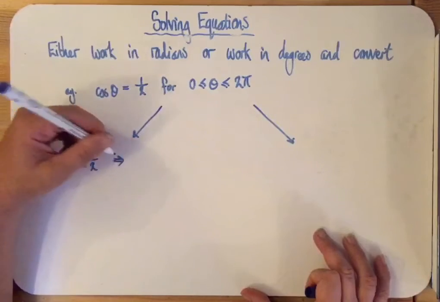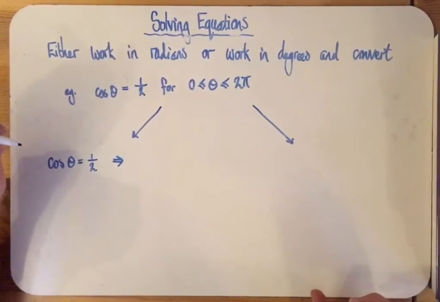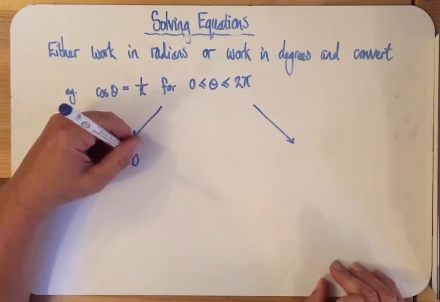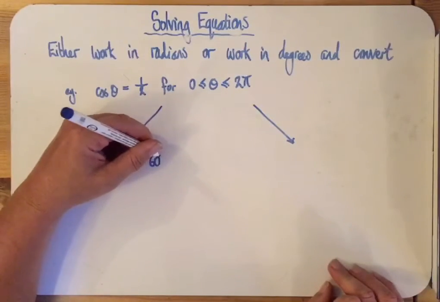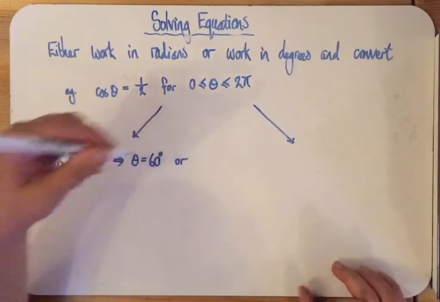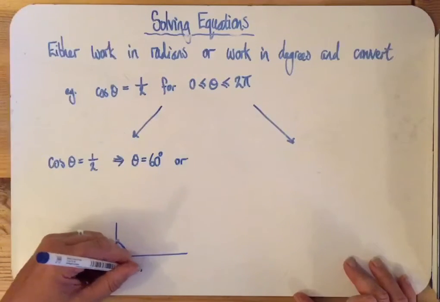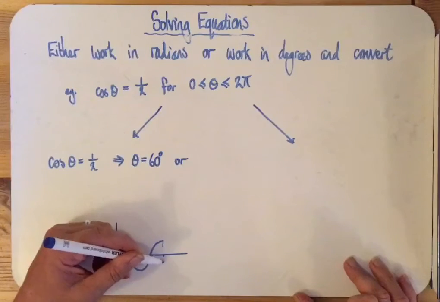And if you're at all shaky on this from the stuff we did before, you need to address that. So you do shift cos of a half, you get theta equals 60 degrees. And then if you go to your cos curve, that's 2 pi or 360 degrees.